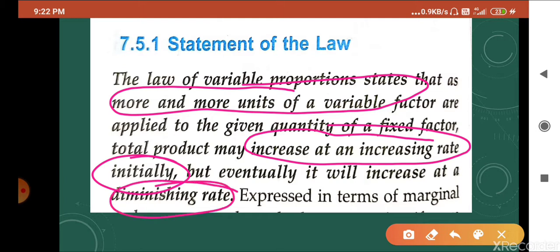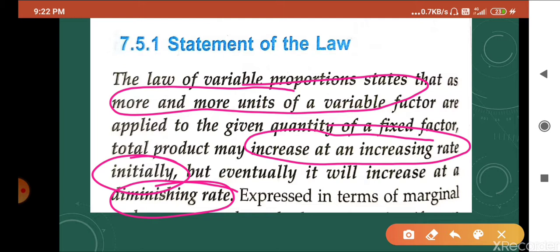There are 3-4 points in this law. First is more and more units of variable factor, meaning we increase labor, which we consider the variable factor, and the fixed factor is the machine. We are not changing the capacity of the plant; that is fixed.